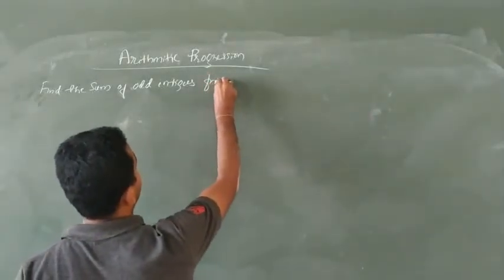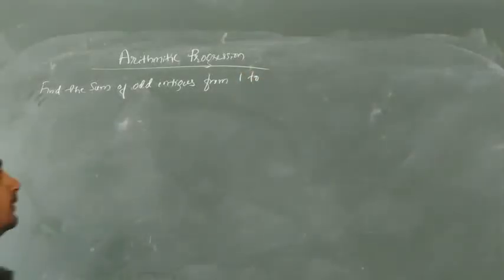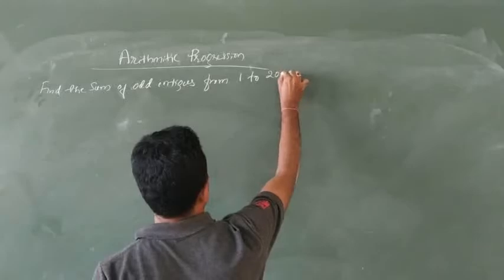Odd integers means odd numbers. The sequence will be 1, 3, 5, 7, 9 like that.